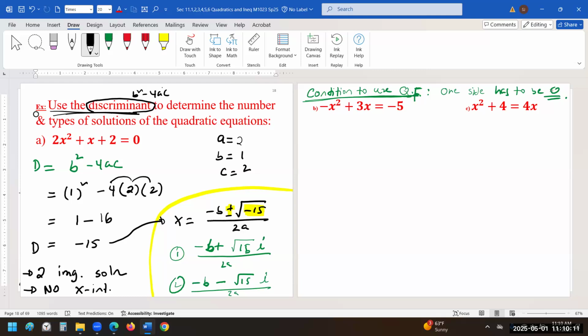In order to use the quadratic formula discriminant, what's the condition? You have to see 0 on one side. Do you see 0 on one side?